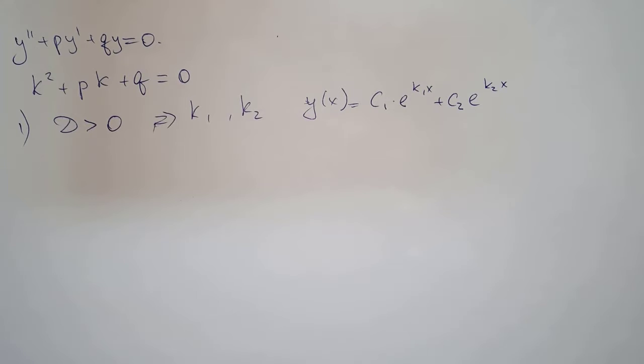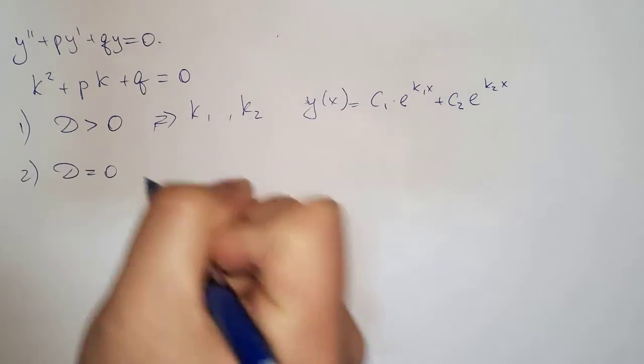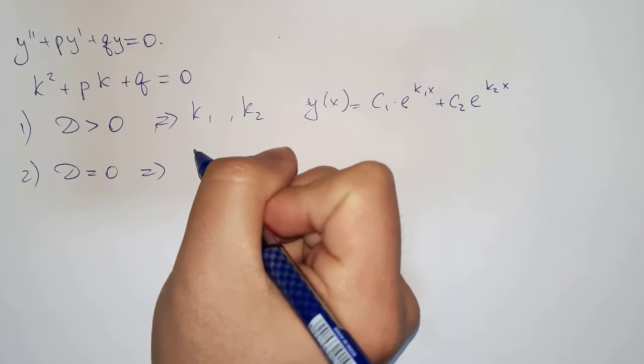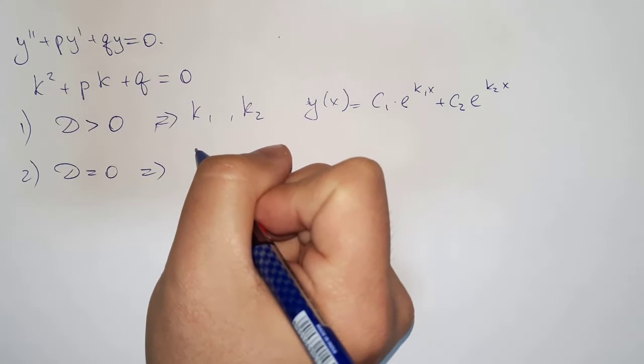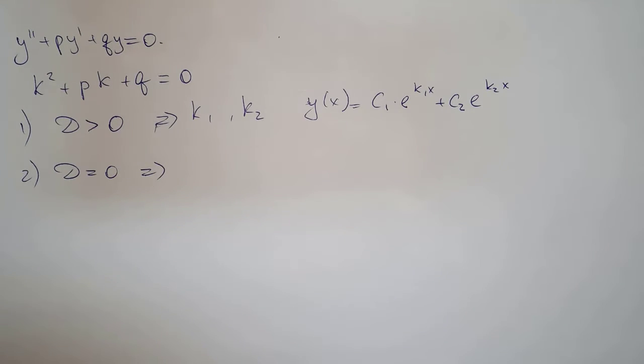And now we have the second case, when the discriminant is 0. In this case, we have only a unique root, but it has order 2.